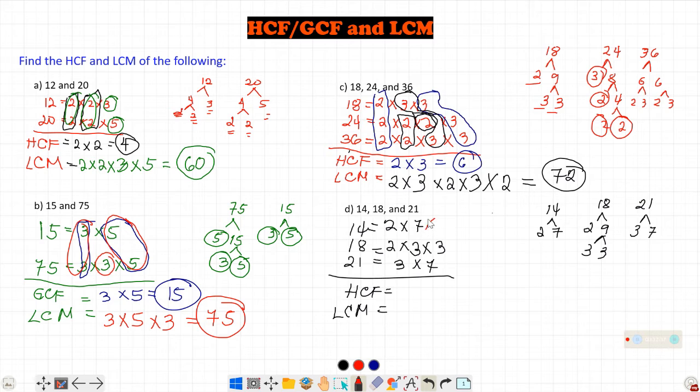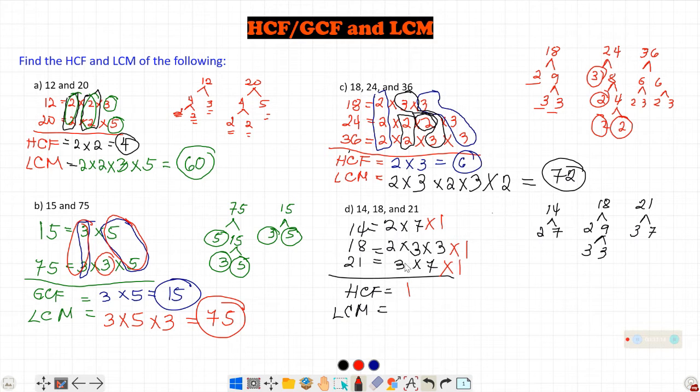We can multiply this by times 1, and times 1, because 1 is always a common factor of any number, may that be 4, 5, 6, 7. So the HCF of this is 1. Because there are no other numbers that are common to all 3, this will just be 1. So don't forget that, okay?